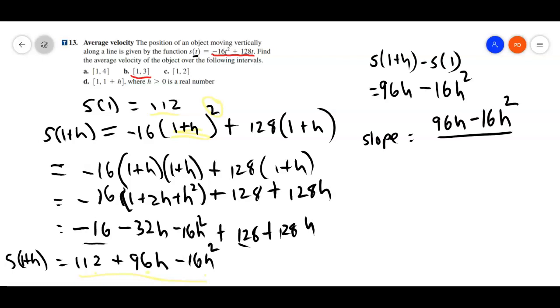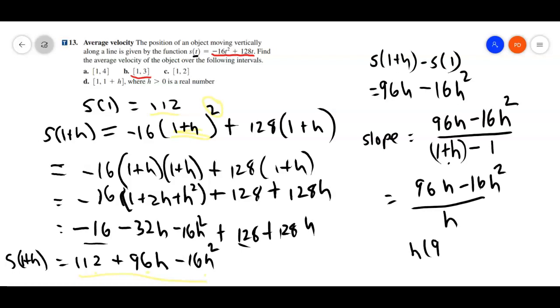So the first x is 1 plus h, the second x is 1. So I am left with an h, so I get 96h minus 16h squared all over h. That simplifies. You can factor out an h on the top.